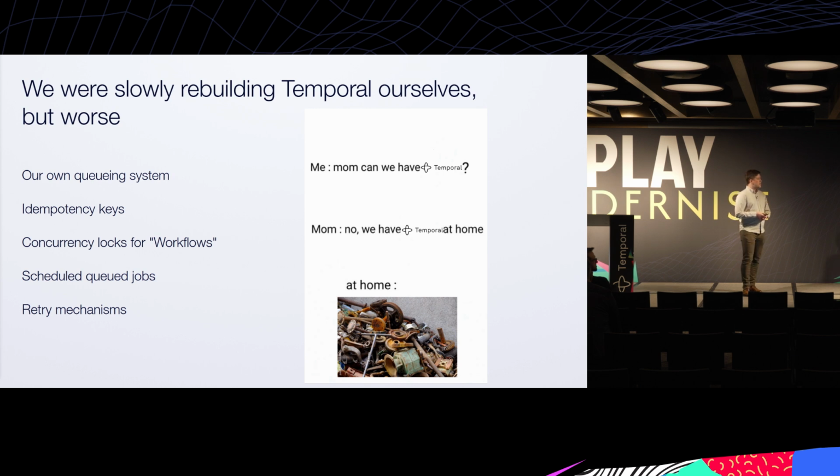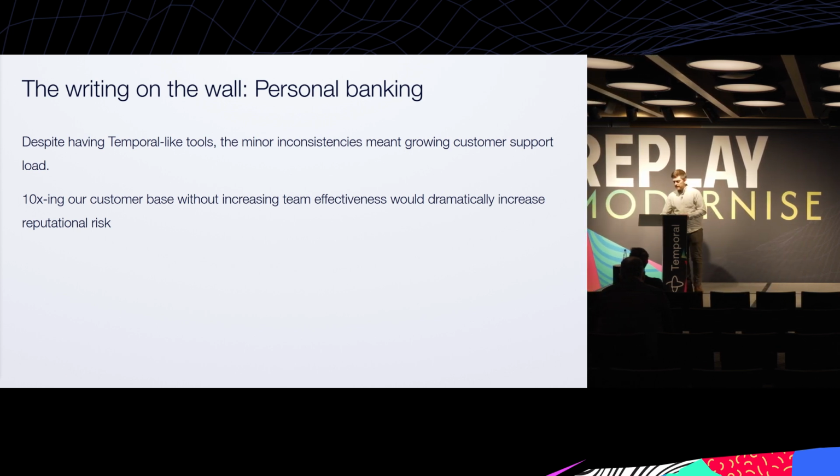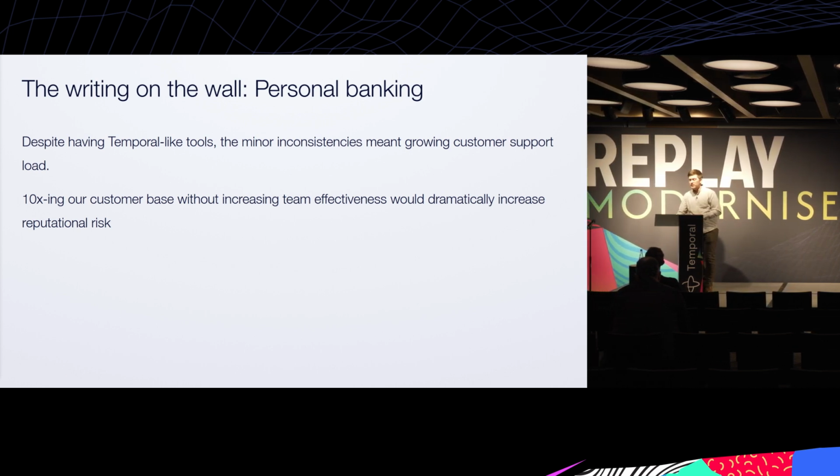And so, yeah, despite having all of this work put into developing stable systems, we would periodically see inconsistencies creep into data. So about March 2023, our CEO said, hey, we're going to start building a personal banking product.